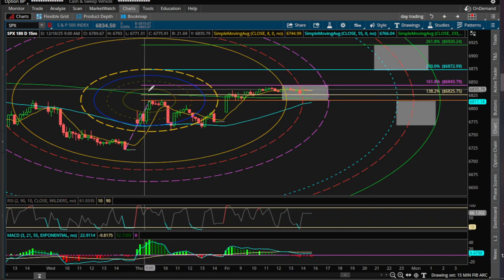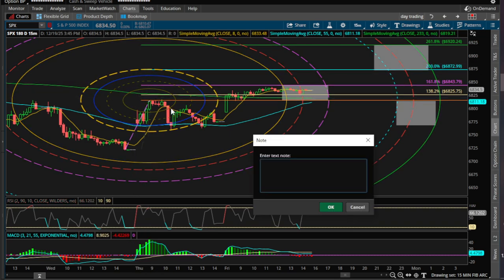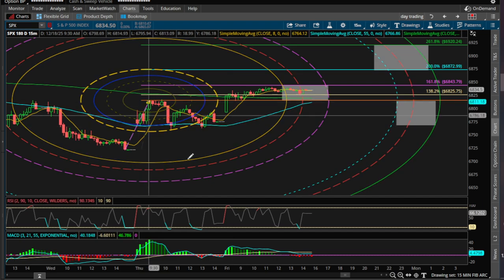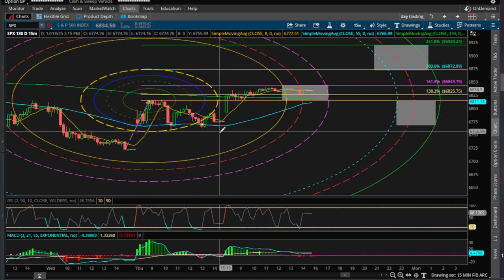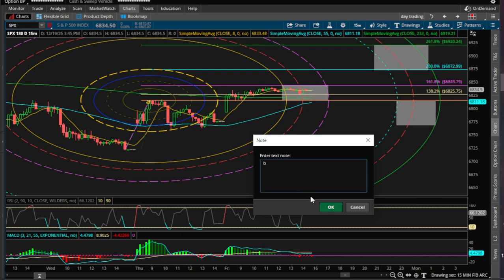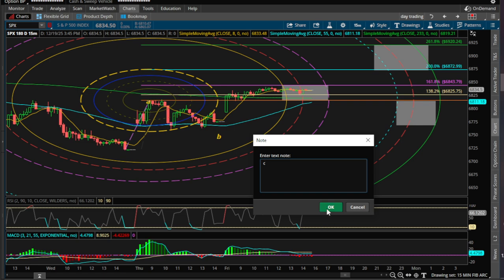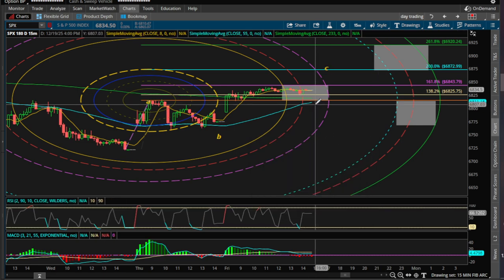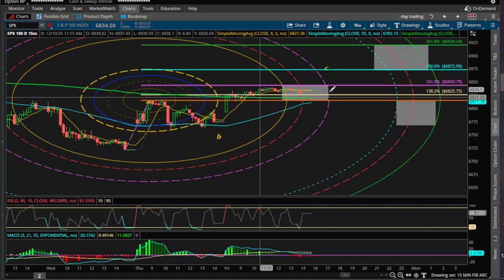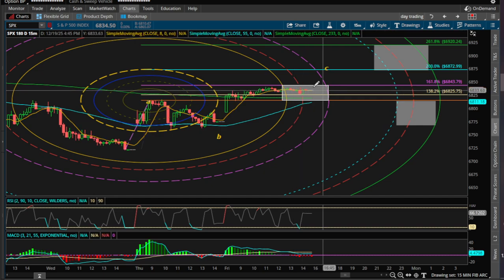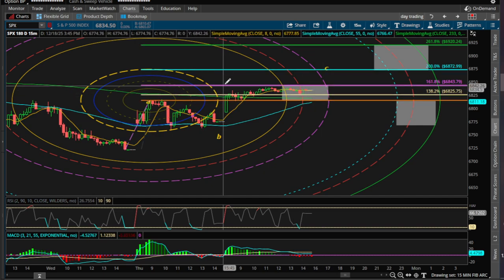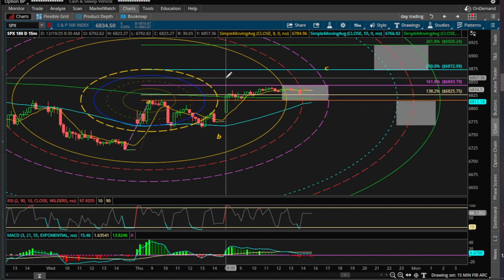This is as an A. Possible triangle here for B, and then looking for C, trying to find the end of C. So I have a zone here of consolidation that's going to tell us whether this leg is complete or we're looking for another A, B, C higher.